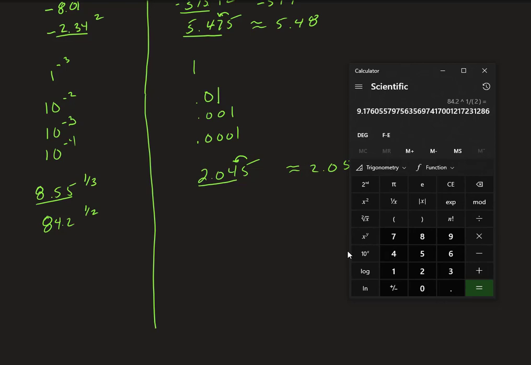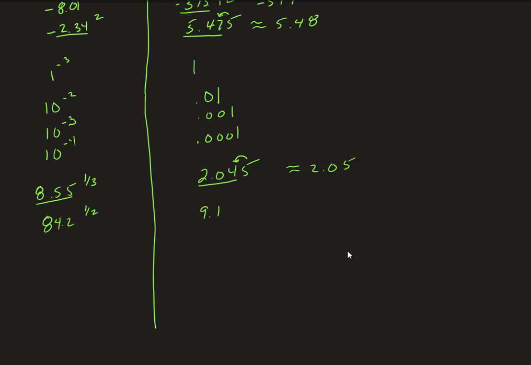And I come up with 9.176. I have 3 significant figures. I need to round this to 3 significant figures, and that's going to round up to 9.18.